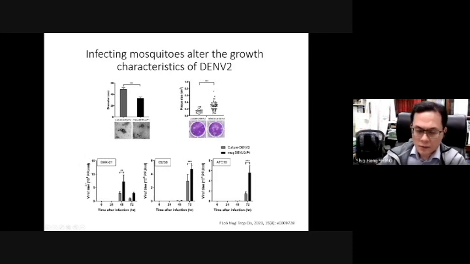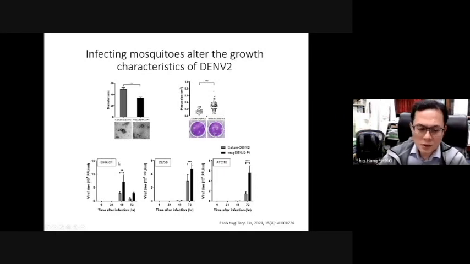And also, we used the plaque assay to examine the growth rate of this MSQ dengue P1 virus in 3 different cell lines, for example BHK, a mammalian cell line, and 2 mosquito cell lines. Here we can see that this MSQ dengue P1 virus has a higher titer than the culture dengue virus in all 3 cell lines, and a greater growth rate.